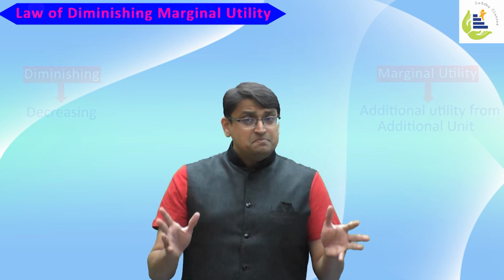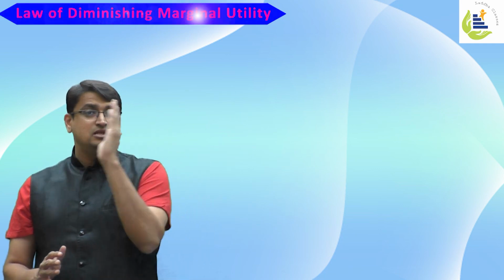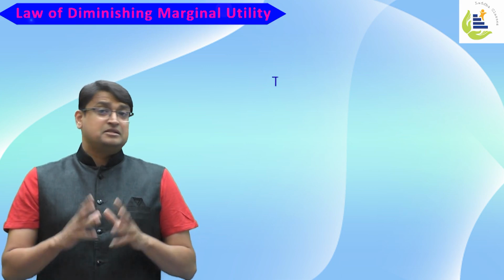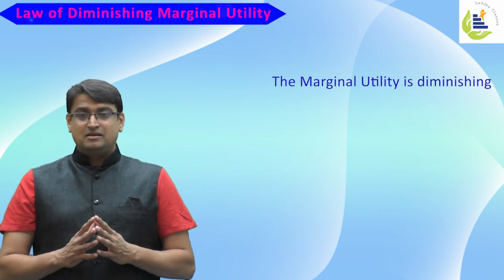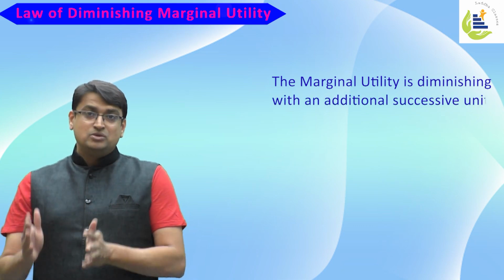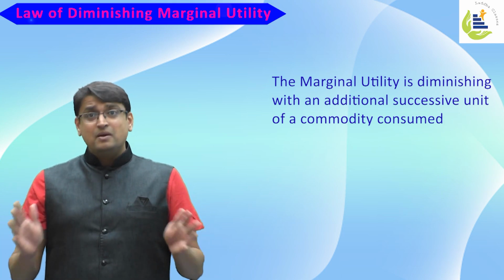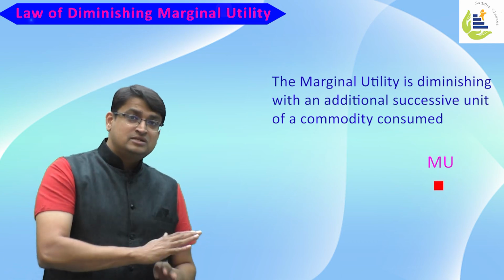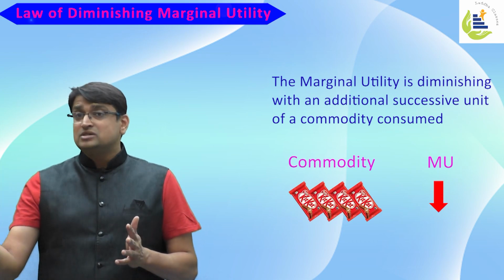So, in simple words, what does the law of diminishing marginal utility explain? Well, it says that the marginal utility diminishes with each additional successive unit of a commodity consumed. In simple words, your marginal utility goes on decreasing with an increase in the consumption of the same unit.